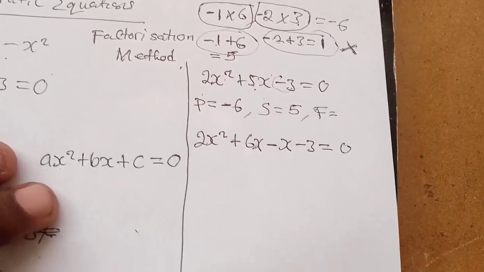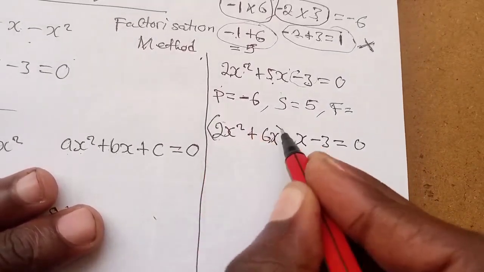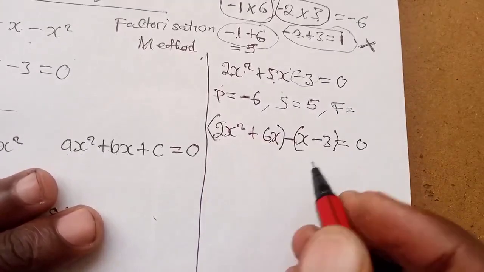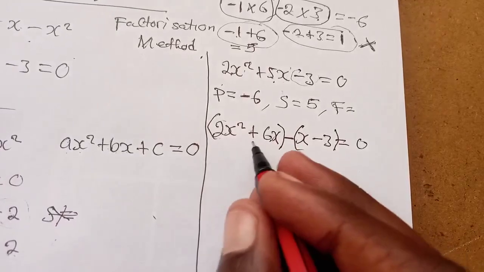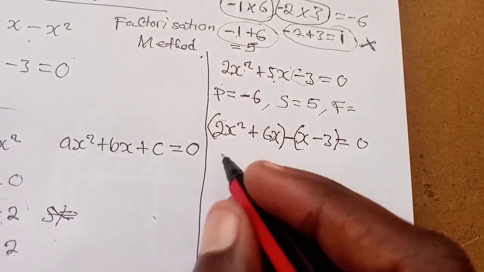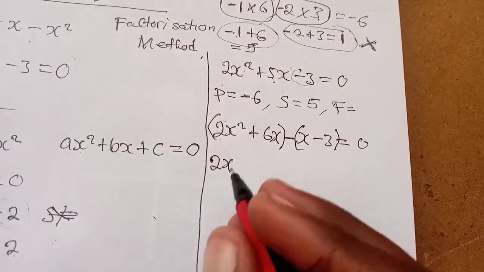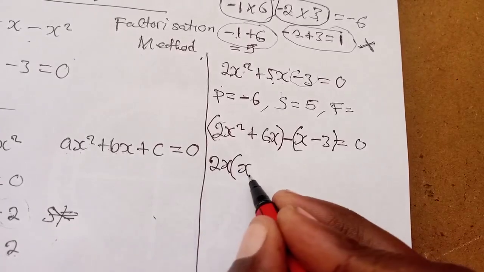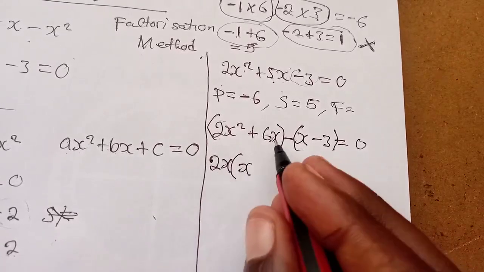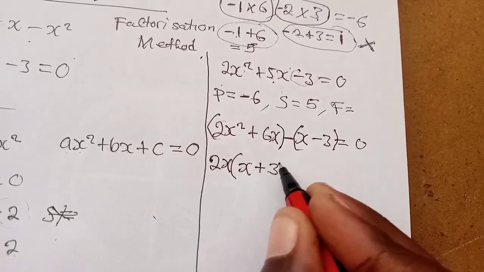As simple as that. Then we factorize. What is the common number which can go in both terms without leaving a remainder? It is 2x. So 2x into 2x, the answer is x. 2x into 3x, the answer is 3.